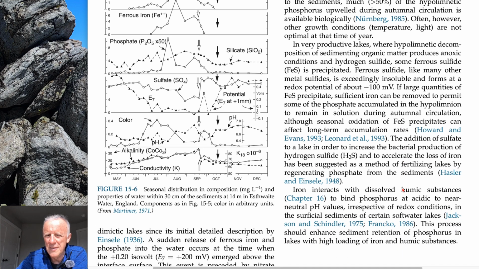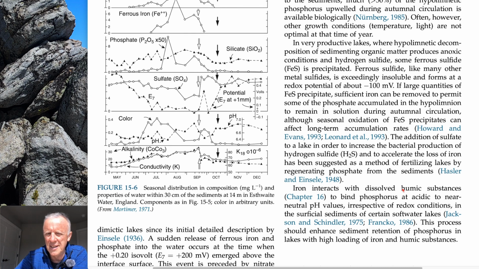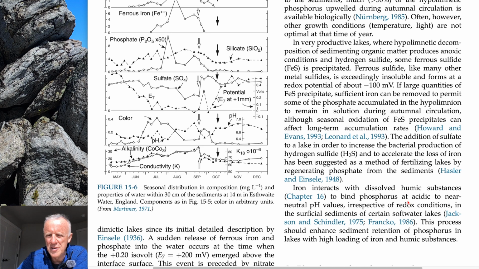In very productive lakes, where hypolimnetic decomposition of sedimenting organic matter produces anoxic conditions and hydrogen sulfide, some ferrous sulfide is precipitated. Ferrous sulfide, like many other metal sulfides, is exceedingly insoluble and forms at a redox potential of about minus 100 millivolts.